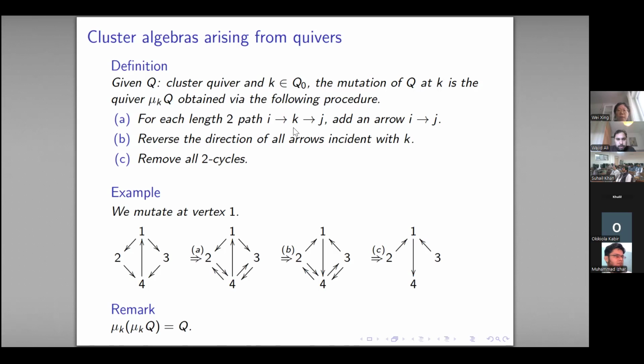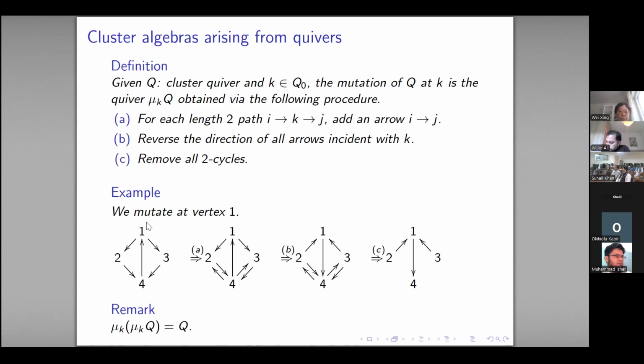Whenever we have a length 2 path that passes through k, which means we have an arrow from i to k and an arrow from k to j, then we add an arrow from i to j. This is the first step. And the second step is that we reverse all the directions of the arrows which are incident with the vertex k. And finally, we remove all the 2-cycles.